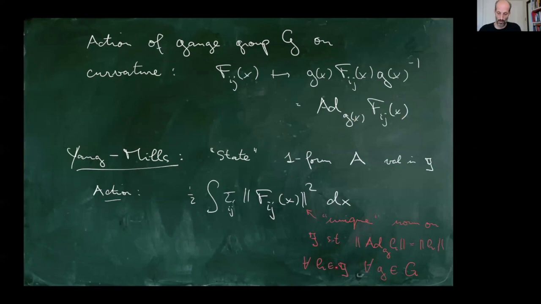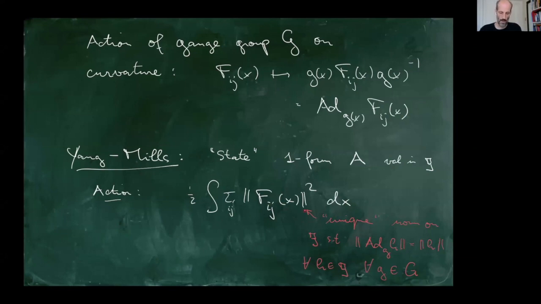Then because of this property here, the action doesn't change under the gauge group, right? So if I act with my gauge group on the curvature here, the action stays the same. And the integral is the same just because the integrand is the same. It really stays the same pointwise, not just globally once you integrate it out.